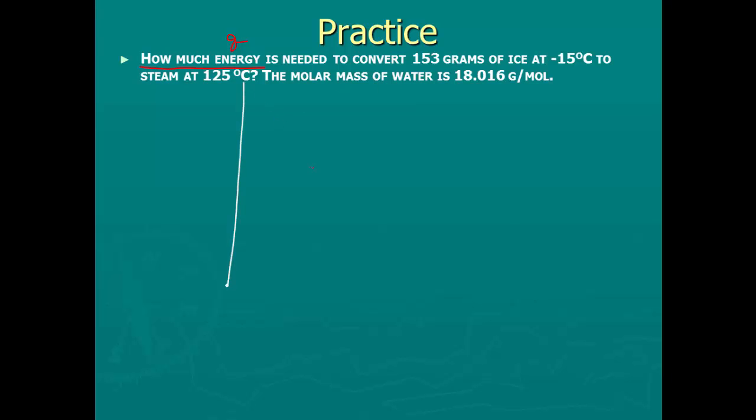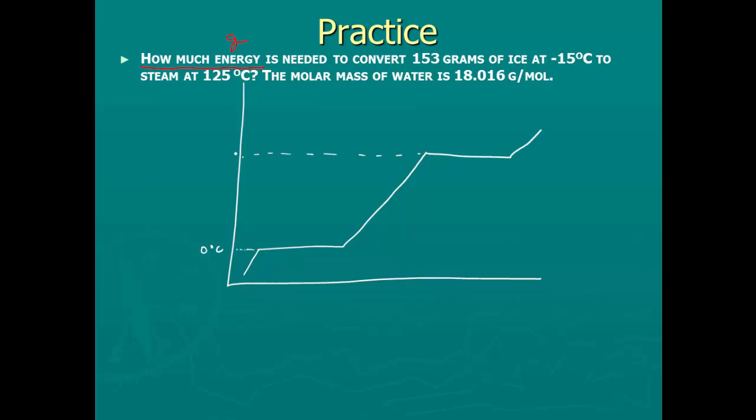First thing we need to do is analyze this whole situation. On a heating curve, we've got all these sections. Where are we starting, where are we ending? Well, if we think about the fact that melting, this phase change, happens at 0 degrees Celsius, and this boiling phase change happens at 100 degrees Celsius, we are starting way down here below freezing, or melting, we should say, and we're ending way up here.